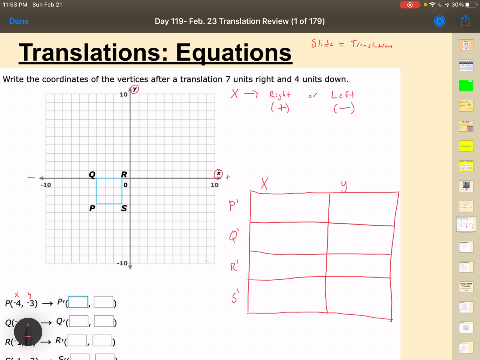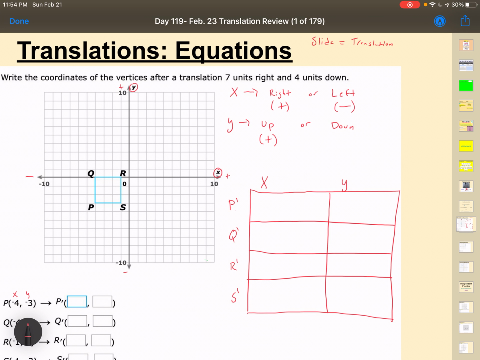Now for the y-axis, it's our vertical axis, so we can only move up or down. If we're moving up on the number line, that's a positive movement. If we're going down, it's a negative movement.